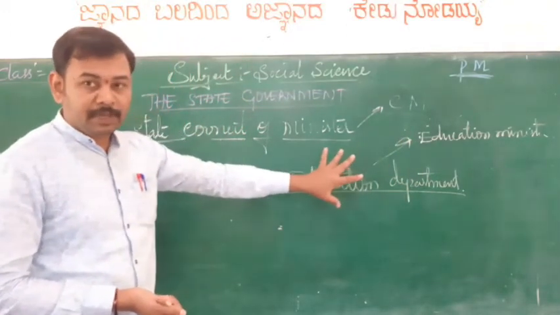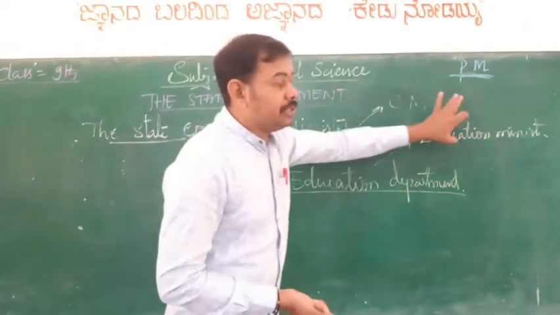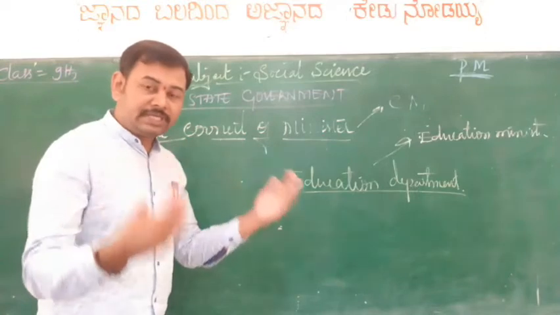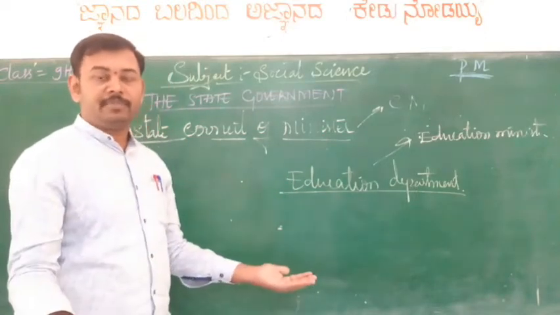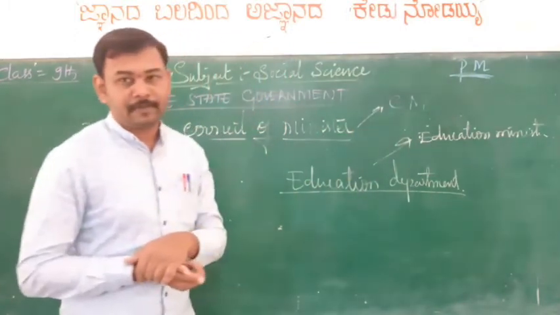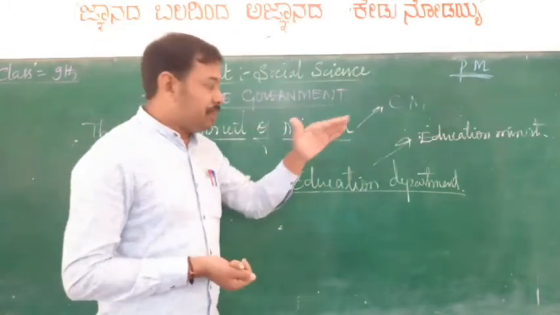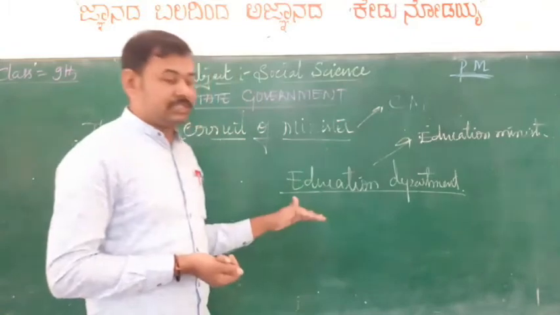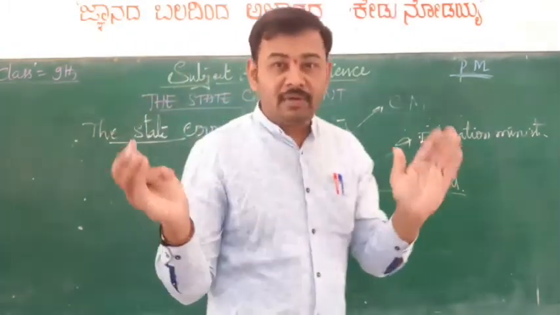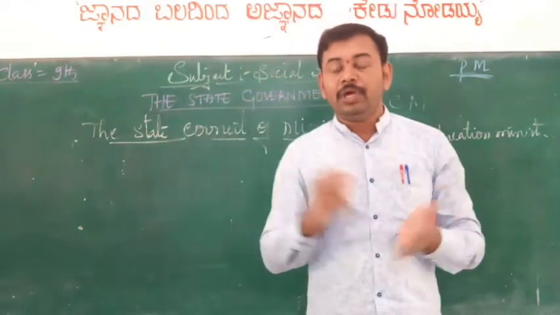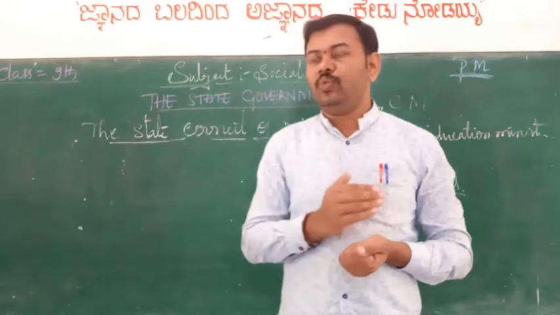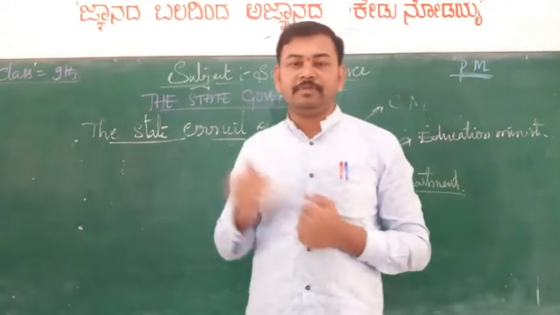Yes, the education minister will be responsible for the whole development or success or any failure of the department. So, being the head of the department, whatever department it may be, he should always be ready to ensure efficient working in the complete department.